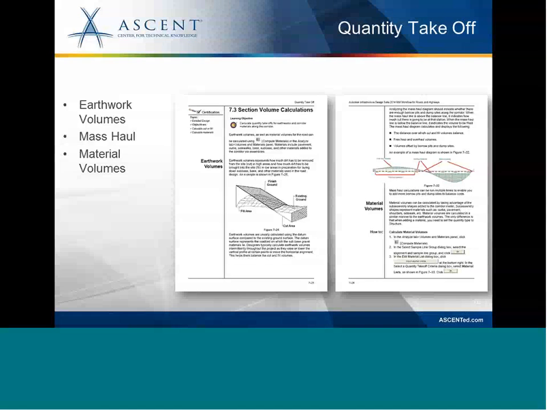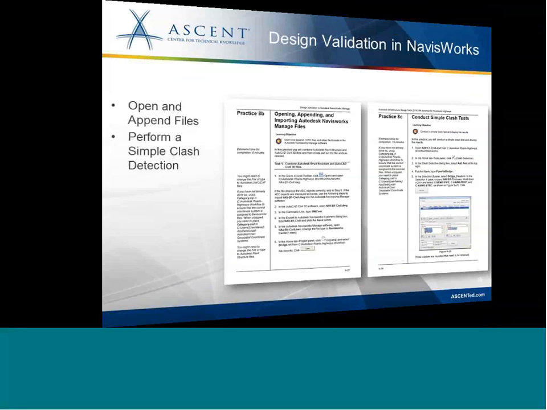And it explains how to actually create your borrow pits and dump sites so that you can reduce the cost in hauling dirt into the site and then laying it down. And then, of course, to help you estimate the cost of the asphalt and the concrete and everything else that you'll need, we do some material volume calculations as well.